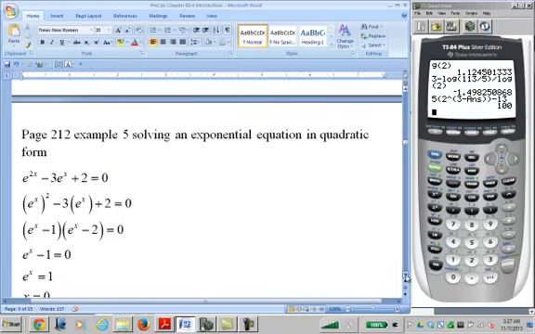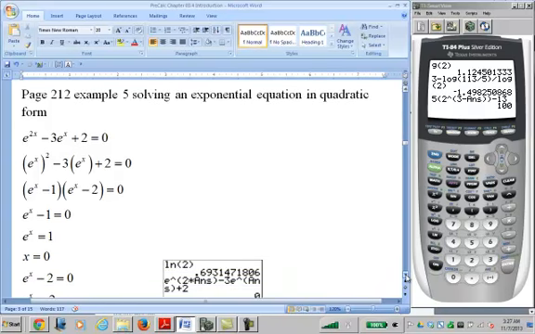Example 5, solving an exponential equation in quadratic form. All right, we've got e to the 2x minus 3 times e raised to the x plus 2.